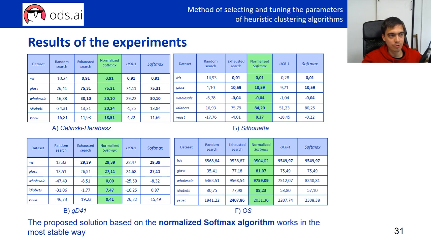We have provided the comparison with the regular softmax algorithm, with the upper confidence bound approach, and we also provided the comparison with a random search and exhaustive search, where we tune all the algorithms and their hyperparameters in parallel.